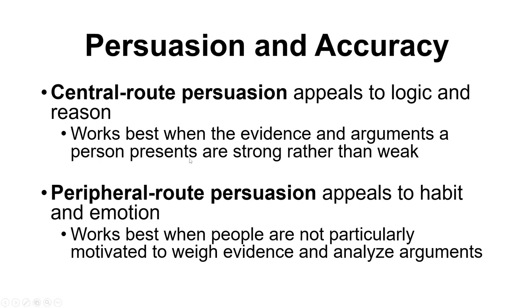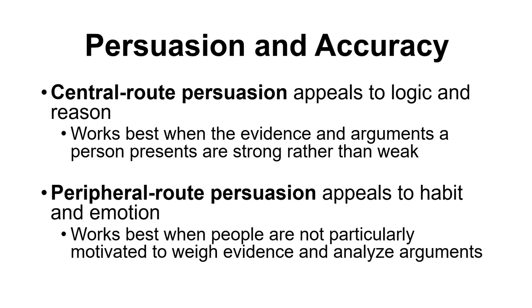Peripheral route persuasion is also going to work in some situations and won't be working so well in others. But instead of appealing to logic and reasoning and laying out all of your facts, this appeals a lot more to habit and emotion. So in this case, maybe you're going to emotionally activate somebody and get them more likely to connect to one argument or another.